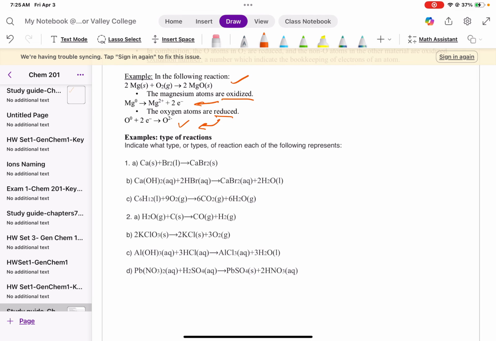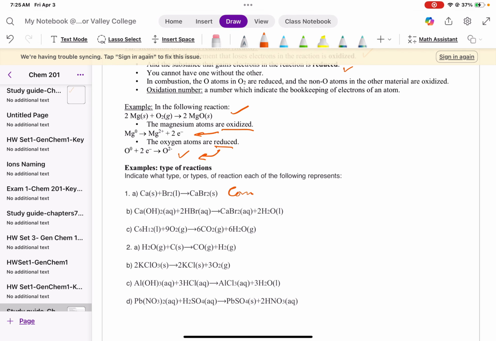So our job is to be able to identify what type of reaction each is. This would be combination. That would be the best way. We can also call it redox. That's a base, that's an acid, so this is acid-base or neutralization. This one with oxygen, I think the best is combustion. And this one is pretty tough.